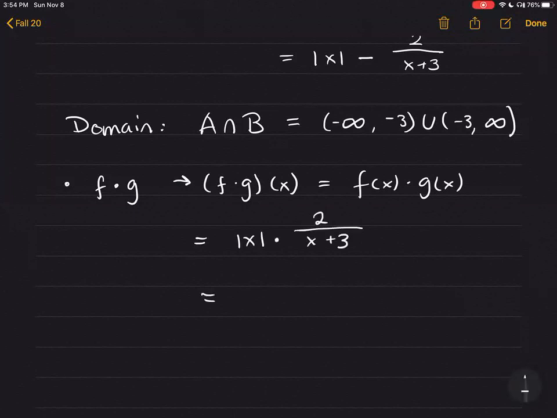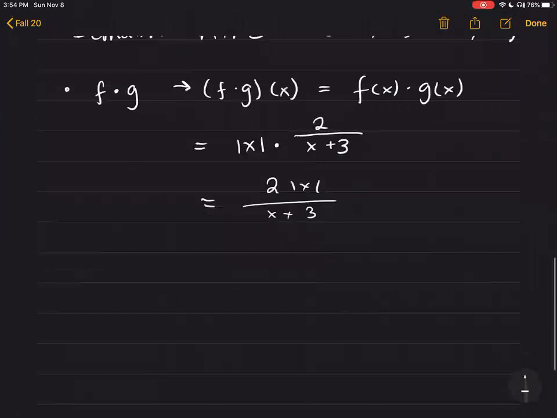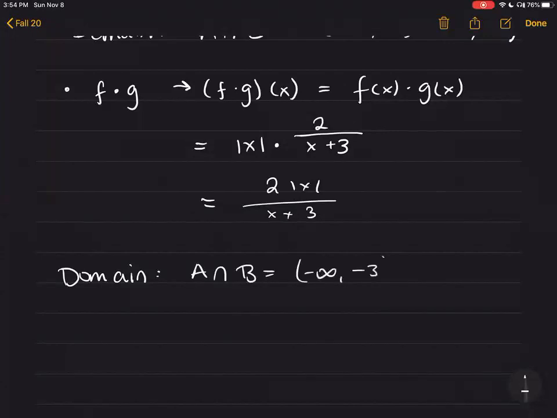Maybe we simplify this a little bit and we get 2 absolute value of x over x plus 3. All right, and the domain for this one will be the same thing. A intersect B, which we already saw was this. Negative infinity to negative 3, union negative 3 to infinity.